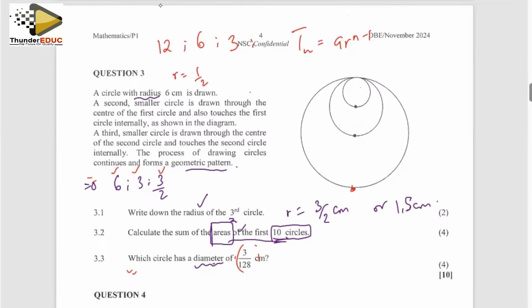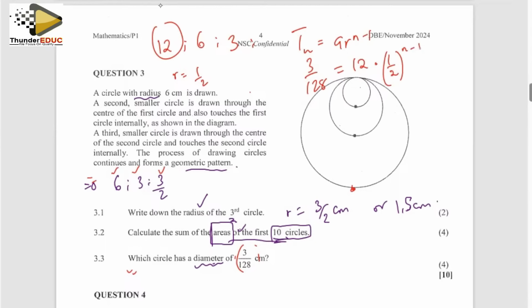So our Tn is 3 over 128. Our first term is 12 times the r, which we got as a half, with the exponent of n minus 1. We can divide both sides by 12.